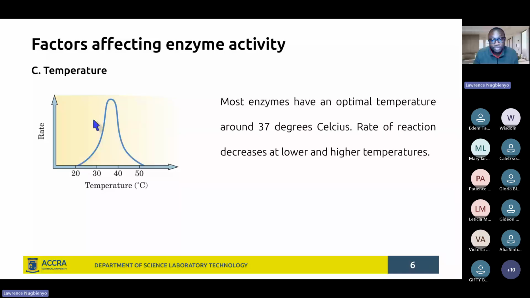It doesn't mean that the enzymes or the microorganisms will not continue to be acting on the food. In this case, remember, the proteins are not denatured. When it's a higher temperature, the proteins get denatured, and so they no longer act. But when it is lower temperature, you only reduce the activity of the enzymes.